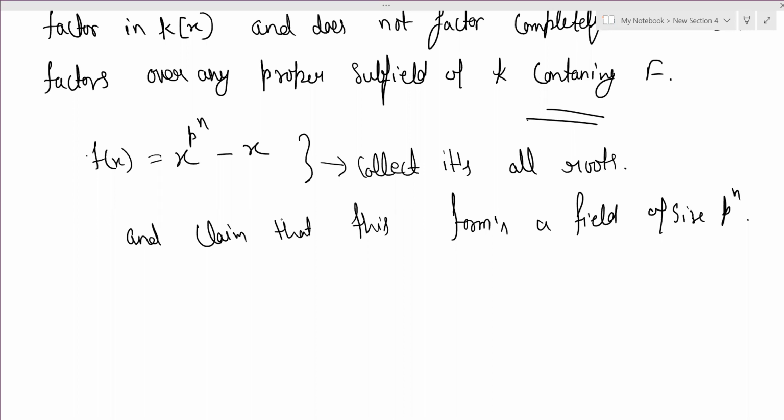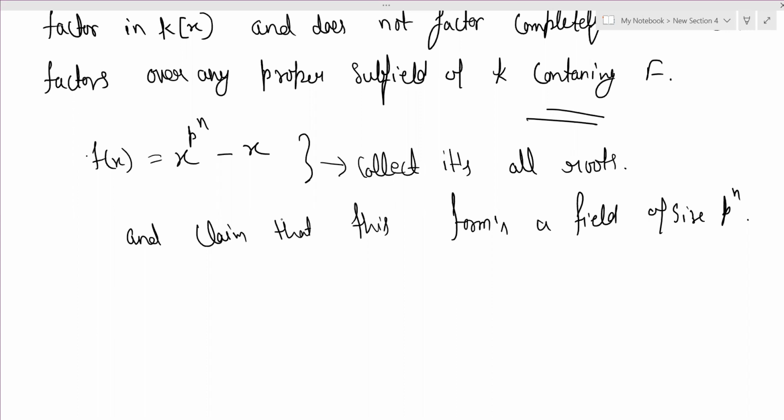So are you getting something or not? All roots of this polynomial x^(p^n) minus x, and claim that this forms a field of size p^n. So what is the first question in your mind? Ask me. What can be the first question when I told this statement?